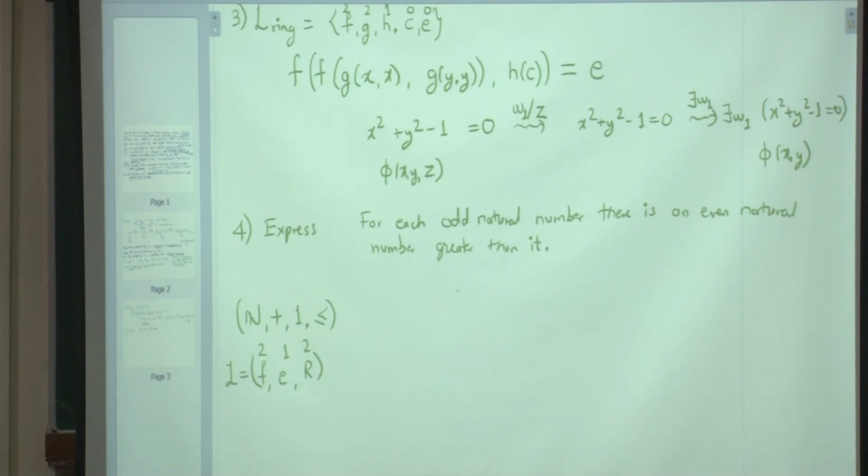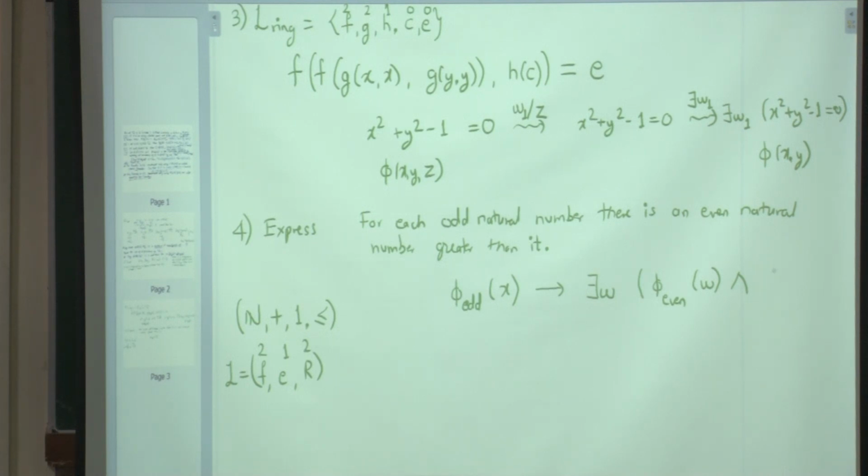So perhaps if I have a formula phi odd, and it is true at a particular natural number, then there is a w such that w is even. And what else? W is greater than x.